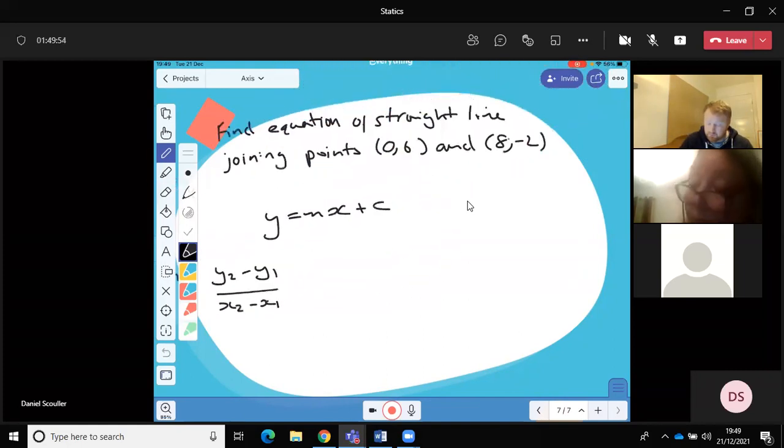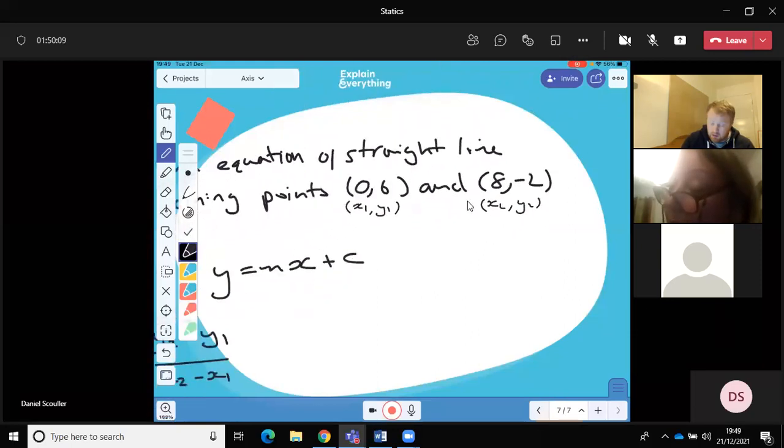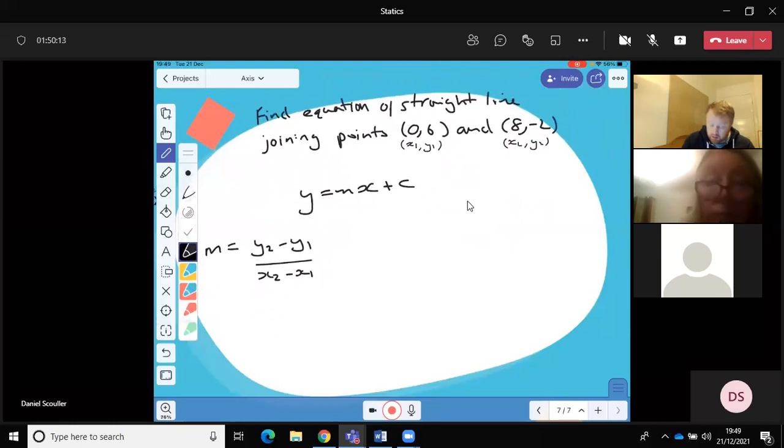So if we go back up to this, just say that's x1, y1, that's x2, y2. And then just do our normal process of substituting that in.